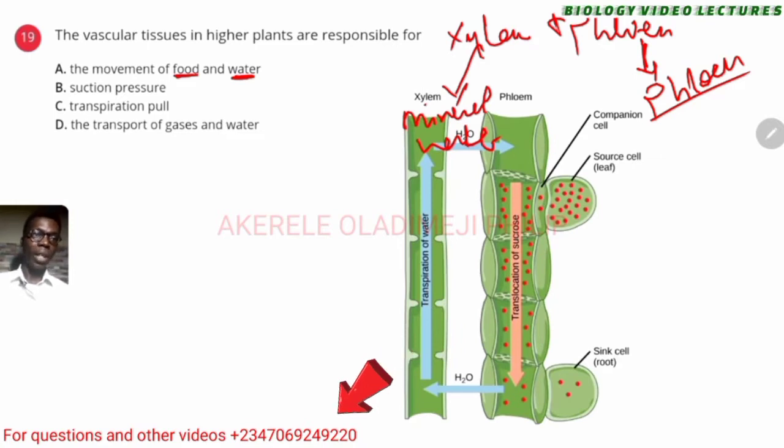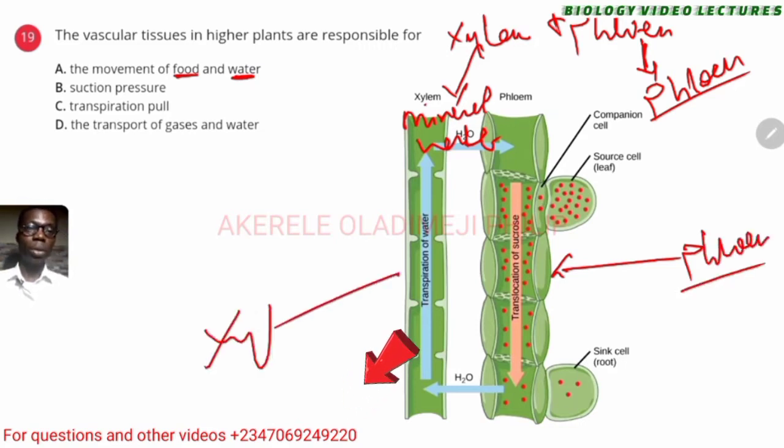So this is what we have here. This is phloem, or phloem as some people call it, and this is called xylem. So xylem is the one transporting water and mineral salts, while this, you can see, transports sucrose by a process called translocation, so to say.